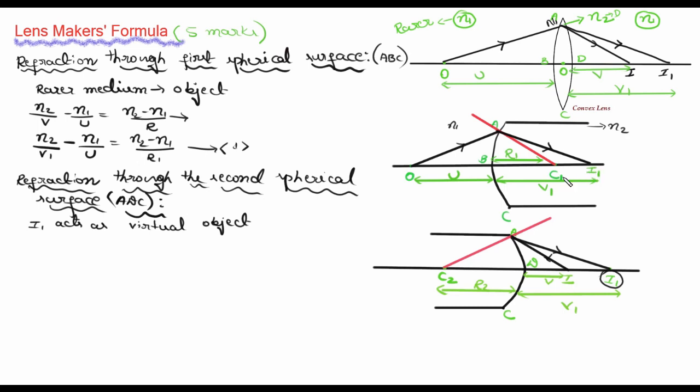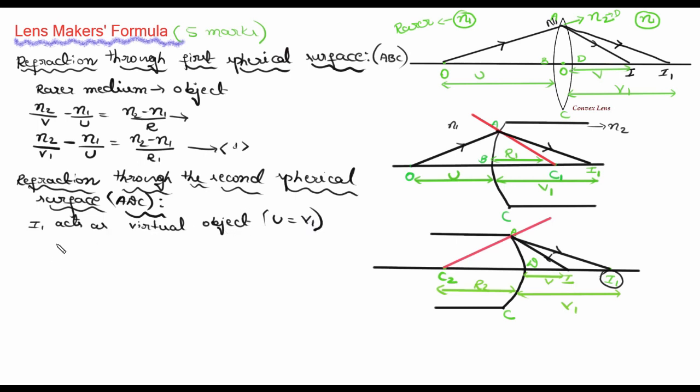Now for the refraction through the second spherical surface, this I1 will be considered as the virtual object, and because of this object the final image is formed at I. You have to mention that. So in place of U, you have to write V1, because this V1 is the distance of the virtual object.